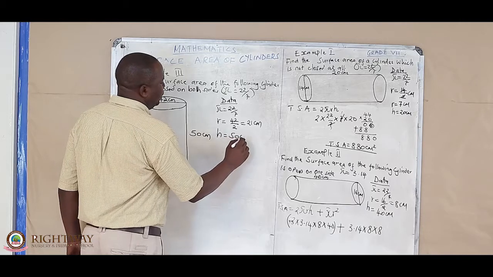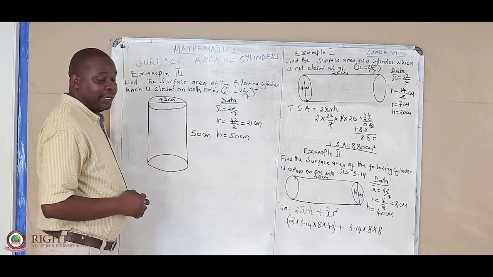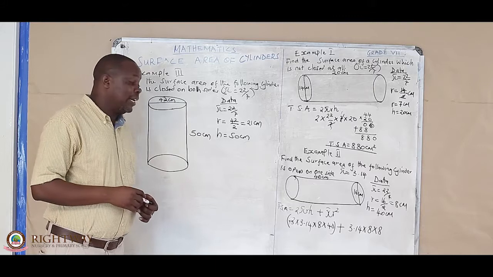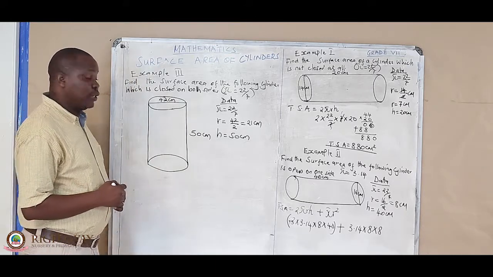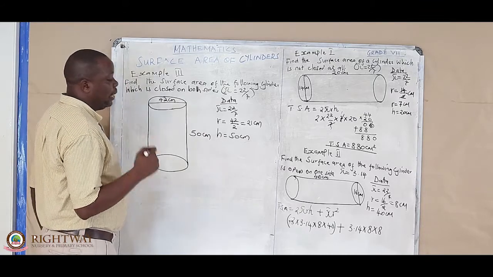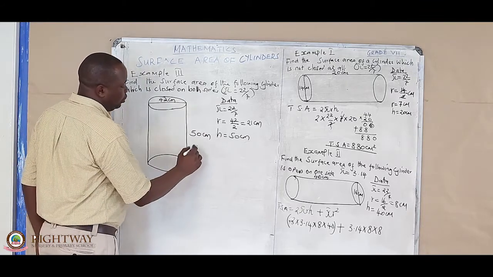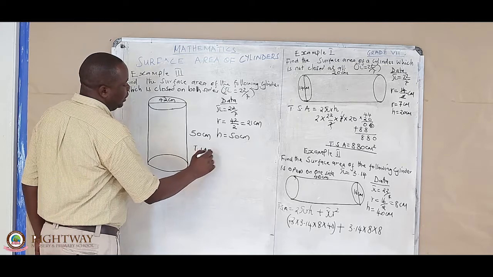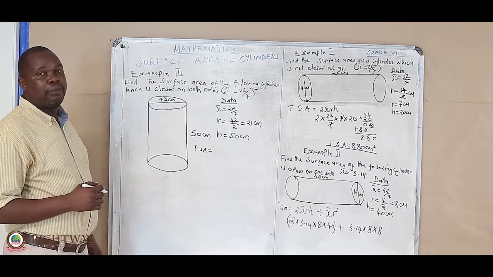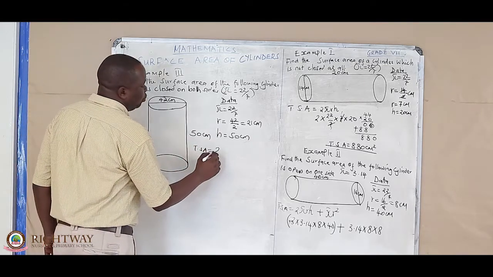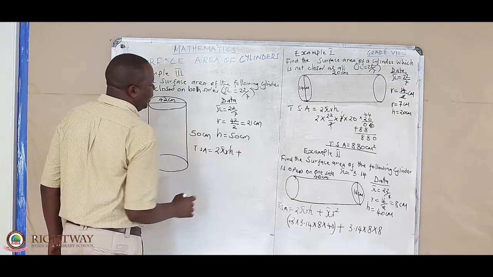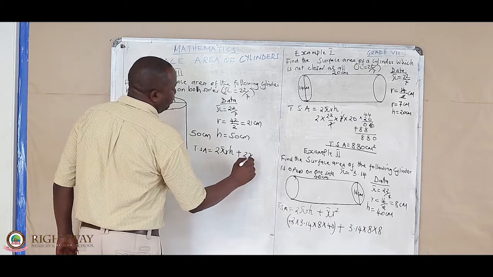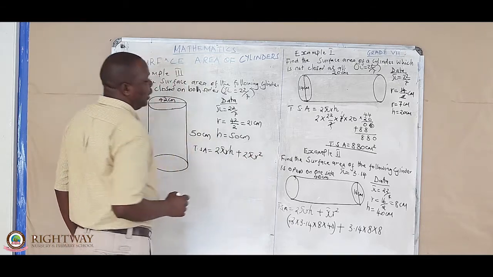The height is 50 centimeters. Now, because the cylinder is closed on both sides, we apply the formula. Remember, total surface area of a cylinder which is closed on both sides is 2 pi RH plus 2 pi r squared.